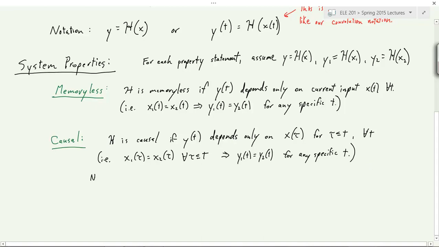Okay, and a little note we can observe already is that memoryless implies causal. So it's a stronger condition, right? If it's memoryless, then it's certainly causal. It's not depending on any other times, certainly not the future. And what we just discussed, that real-time systems are causal.